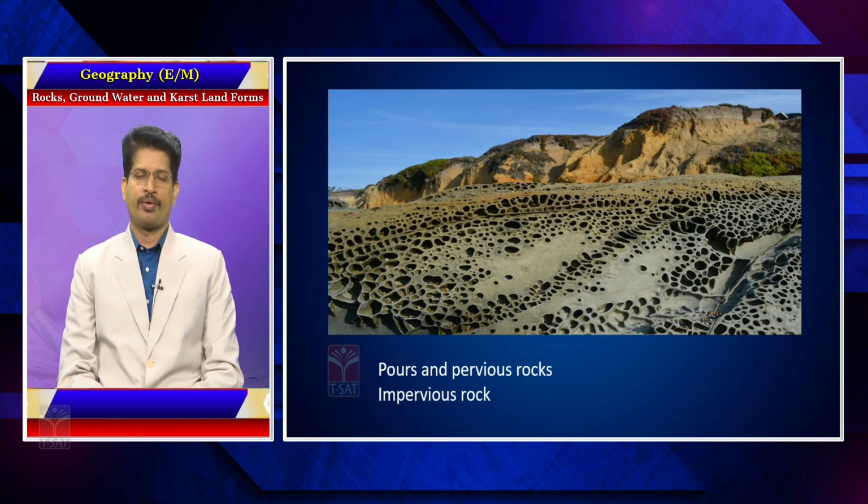Otherwise, when a rock is impervious, there is no possibility for the formation of a water table. That is the reason why, when we make a borewell to extract water at different places, sometimes we may not be able to get water, because the rock is not porous and pervious.